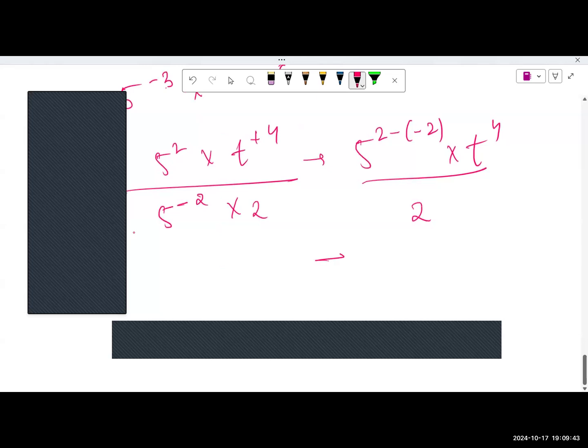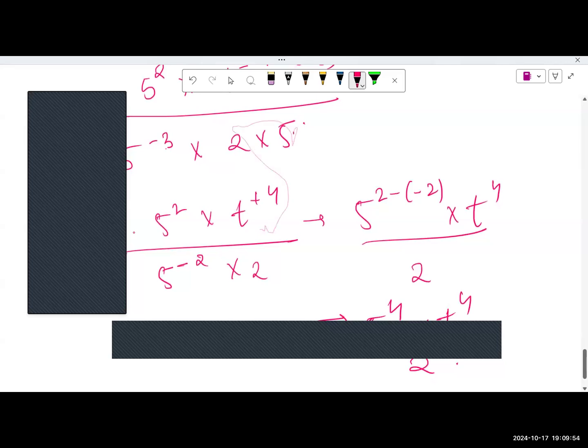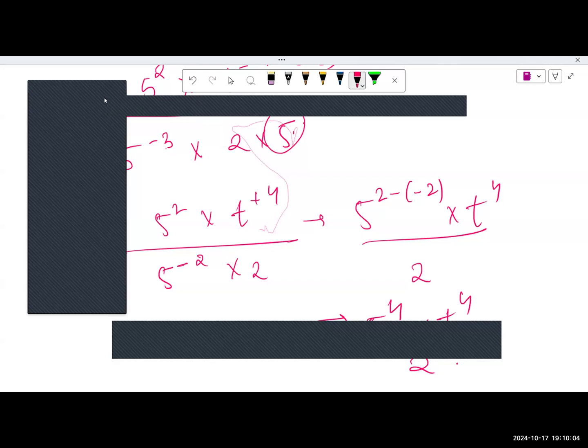So we have 5 to the power 4 into t to the power negative 3, right, ma'am? Because in the denominator 5 is to the power negative 3 here also. So that you solve, right?